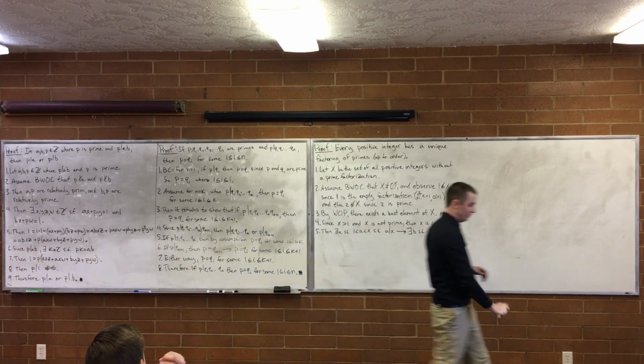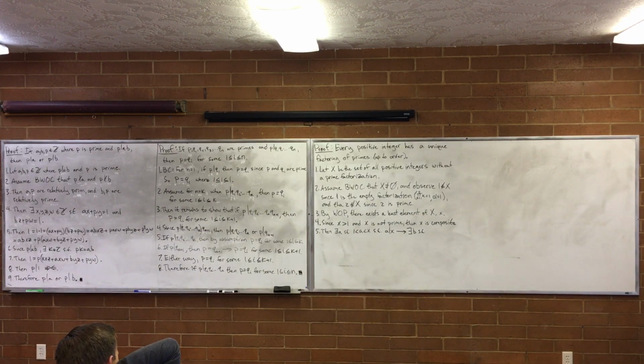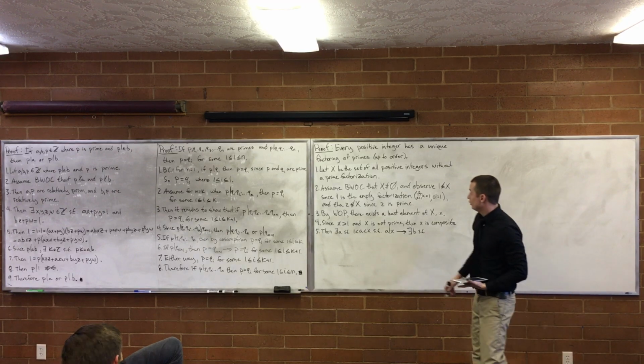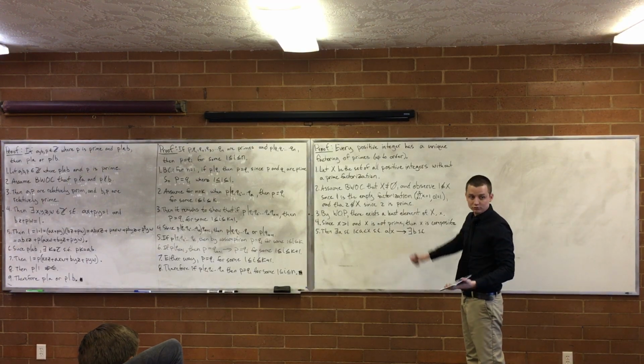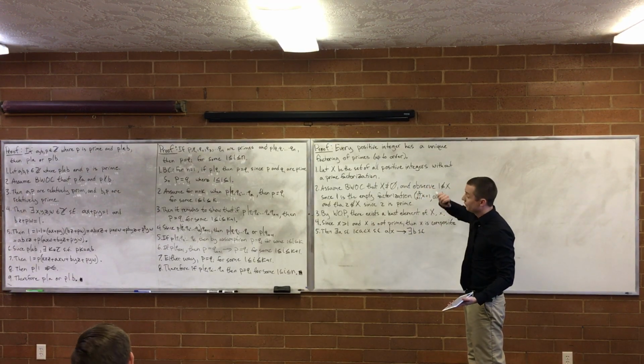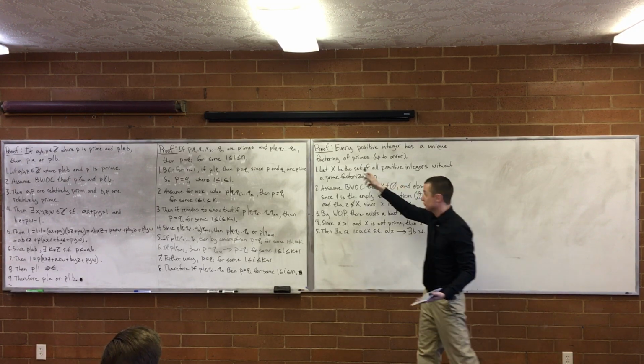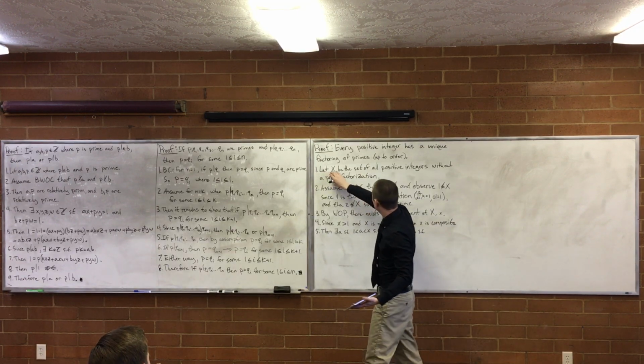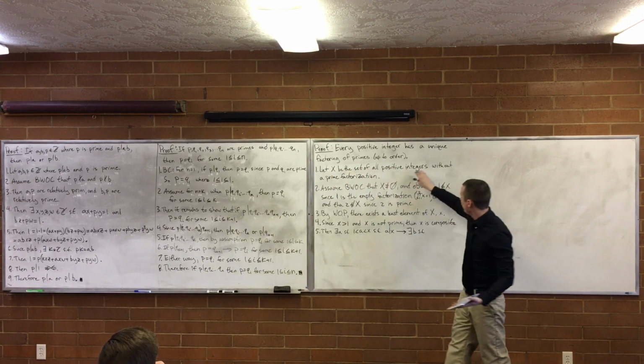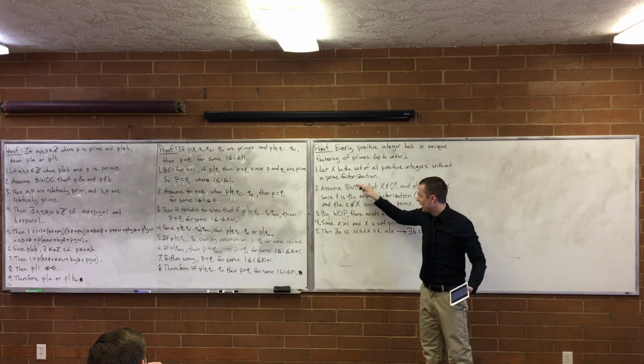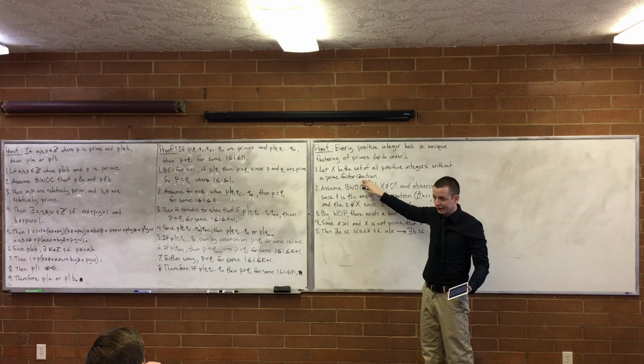Okay. So let's tackle it. We're going to do this by smallest counterexample for showing that a prime factorization exists. So let big X be the set of all positive integers that don't have a prime factorization. You can't factor them into some number of prime numbers.